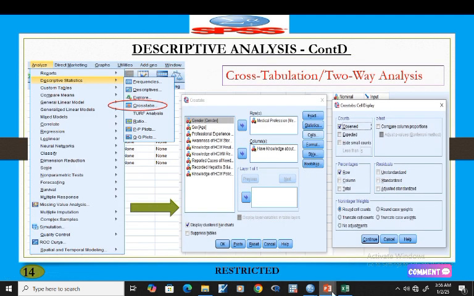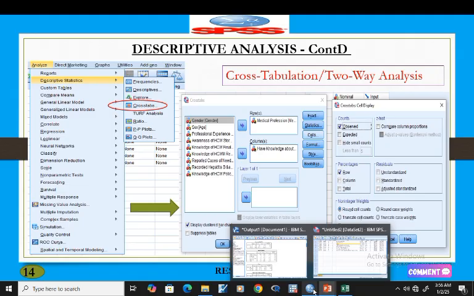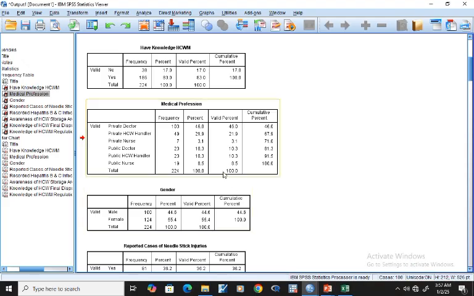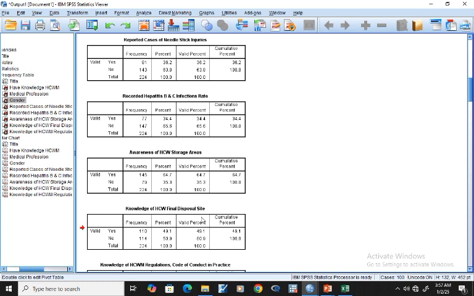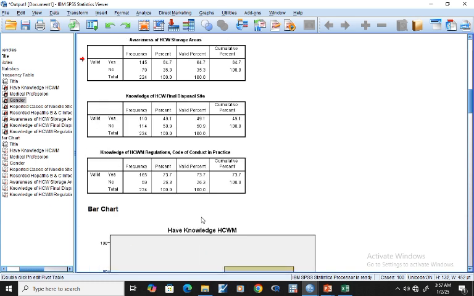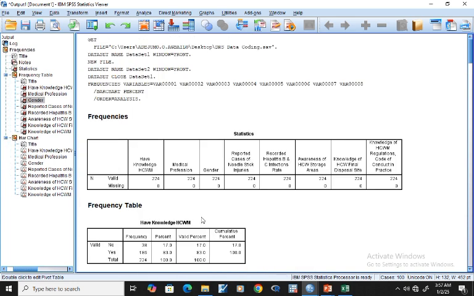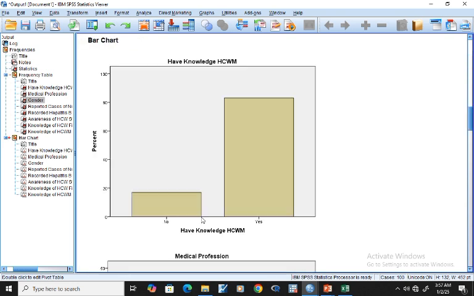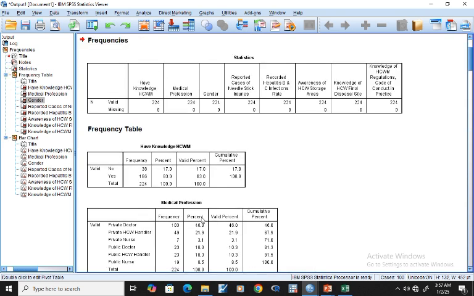So another thing, based on following your objectives, you might as well probe further. Perhaps you're interested in what the knowledge of waste management is based on their levels of professions.